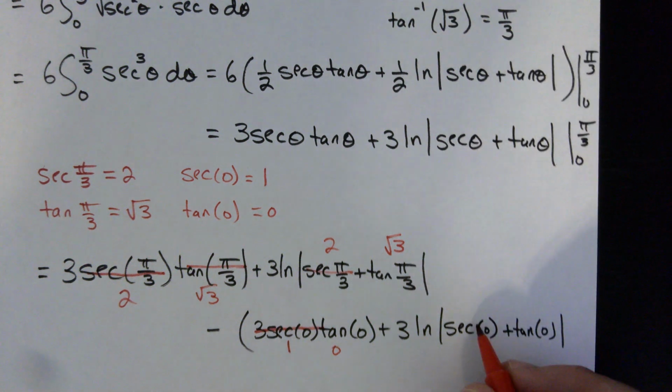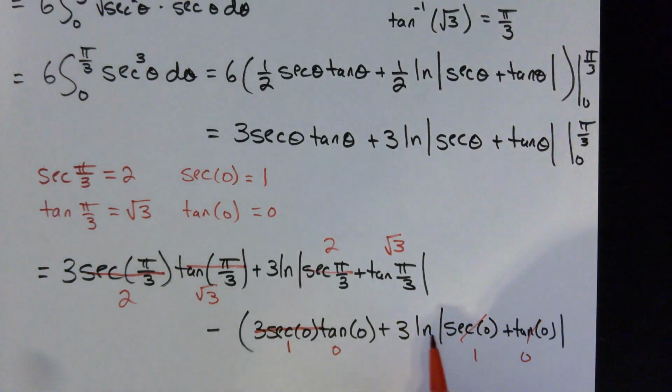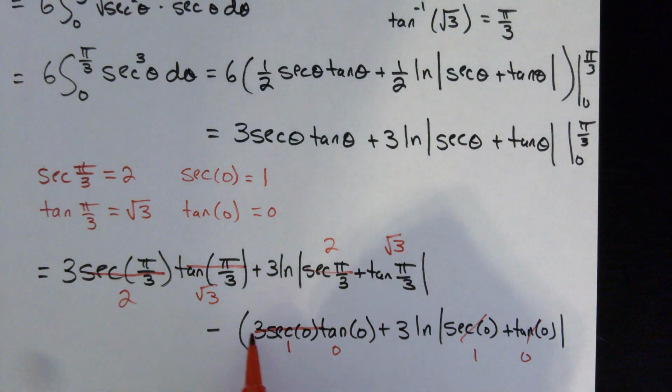Then secant of 0 again is 1, and tangent of 0 is 0, so this will leave you with ln of 1, which is also 0. So this entire second part turns into 0.